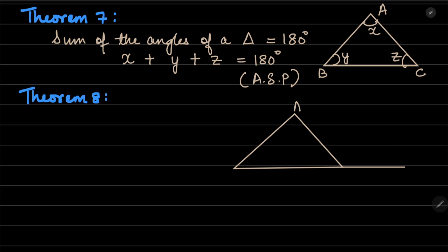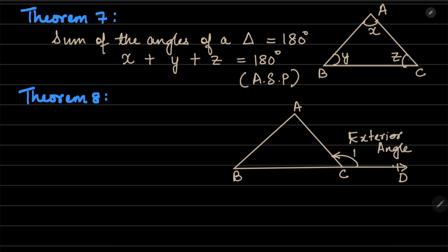So let this be your A, B, C, and BC is extended to D. Whenever you are extending any one side of the triangle, the angle that the line forms with the adjacent side, that is AC, this angle is called the exterior angle.